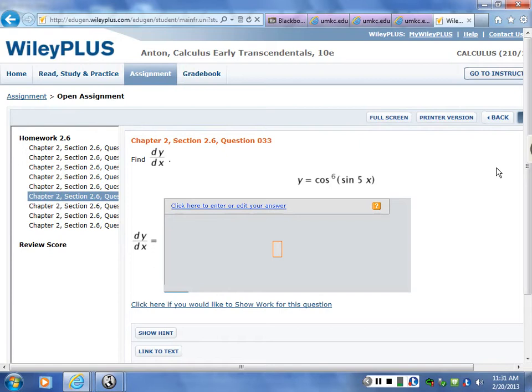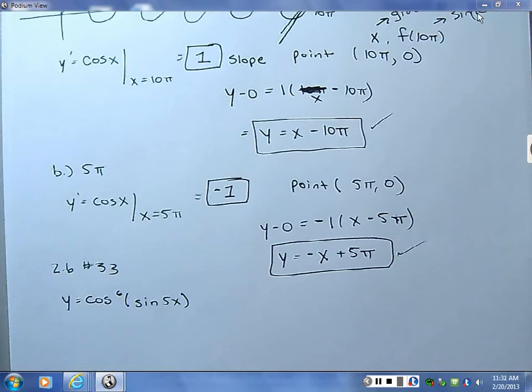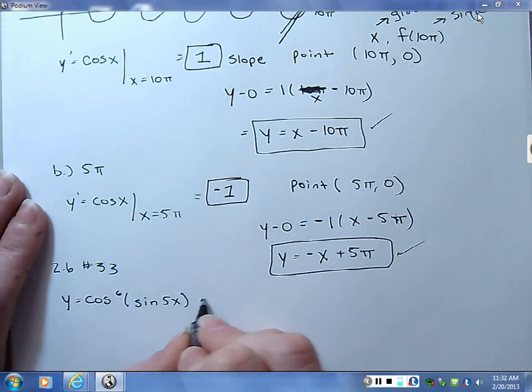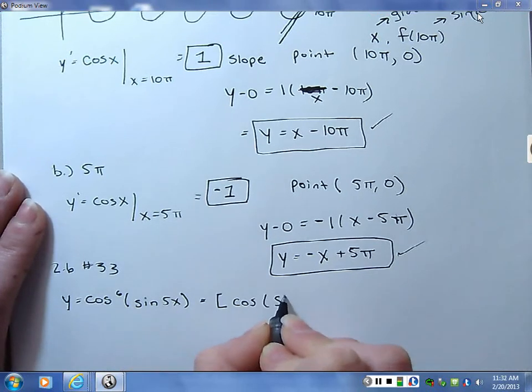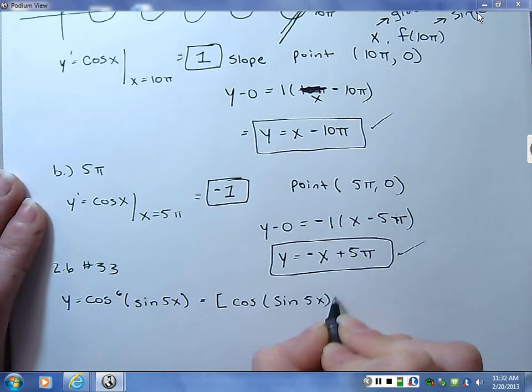So let's write this one out. This is 2.6, number 33. y equals cosine to the 6th power of sine of 5x. It might help if I write it as cosine of sine of 5x, all to the 6th power.